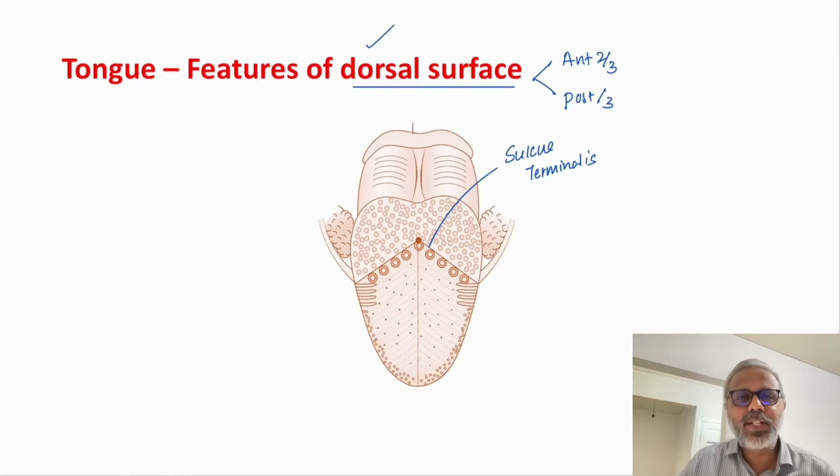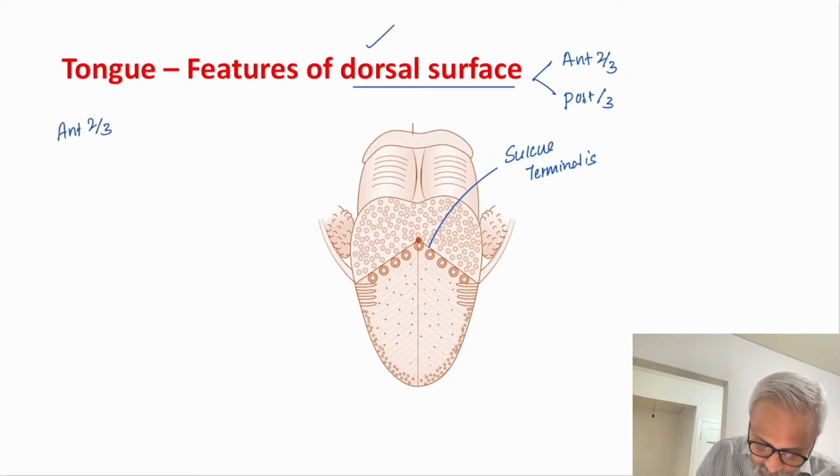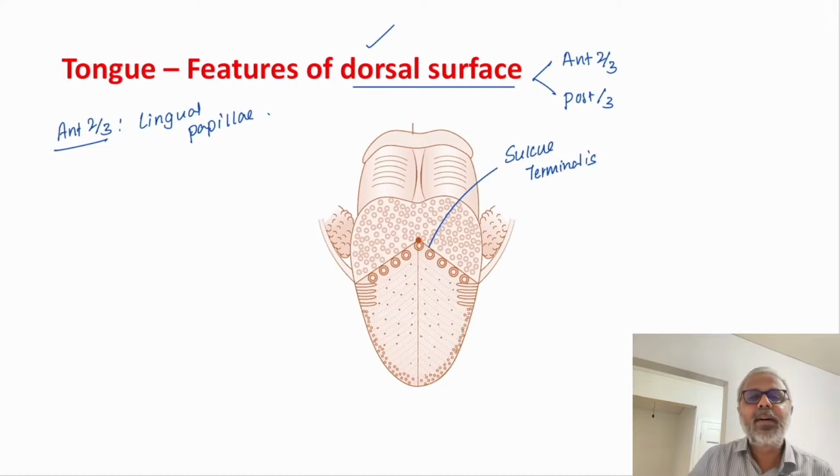What are the features we need to identify in the anterior 2/3? Right? So if we talk about anterior 2/3 of the tongue, it will have structures called lingual papillae. Right? Now, what are lingual papillae?